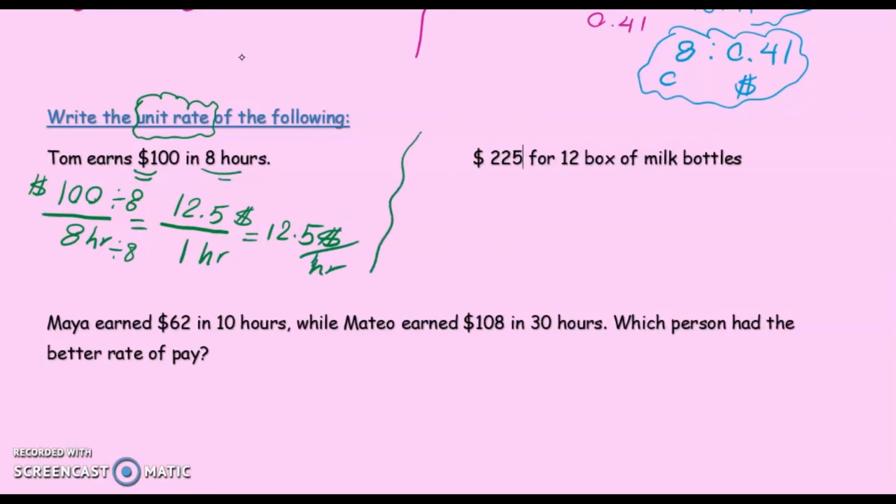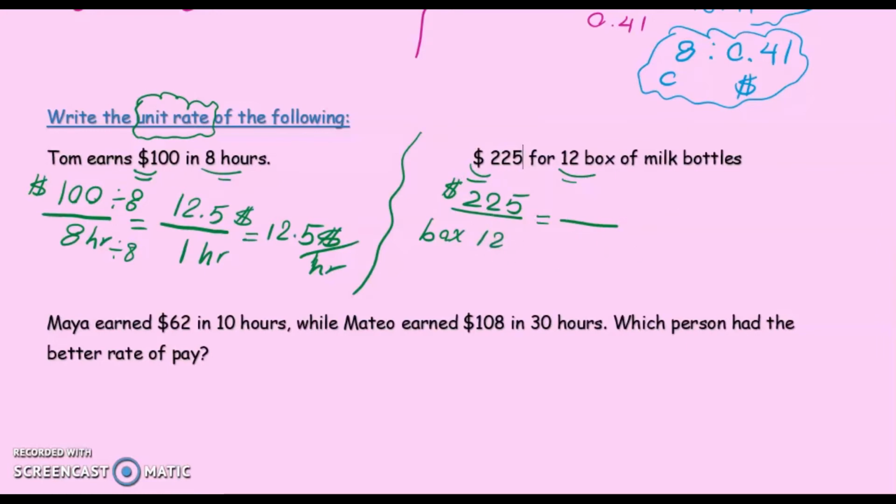Okay. Next example. Again, we are comparing dollars and number of boxes. What is the unit rate of $225 for 12 boxes of milk bottles? So therefore, $225 is for 12 boxes. Because the question again asks me for the unit rate, I have to divide this one by 12 to make the denominator become 1.